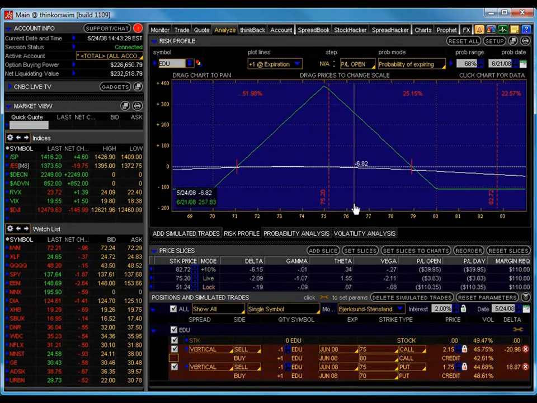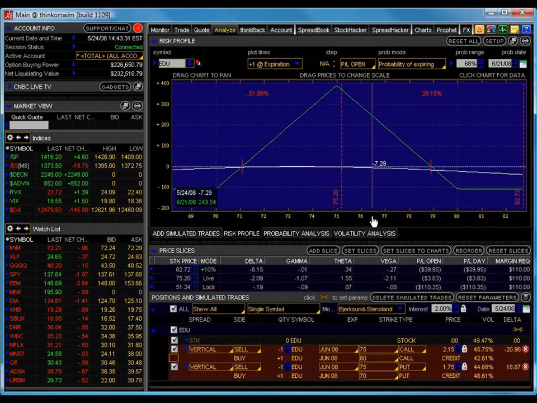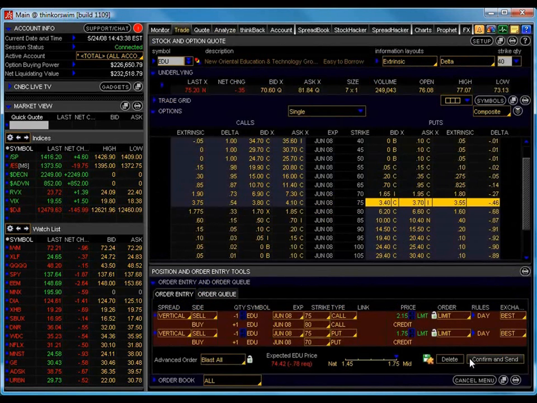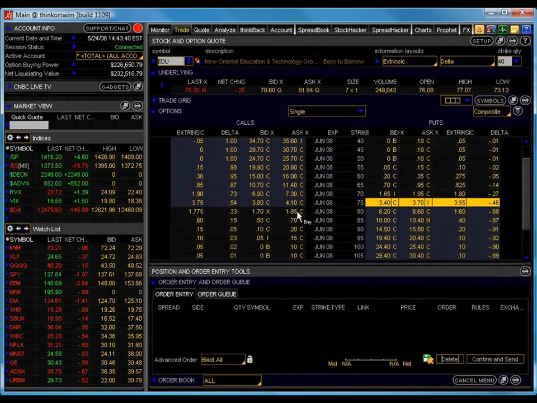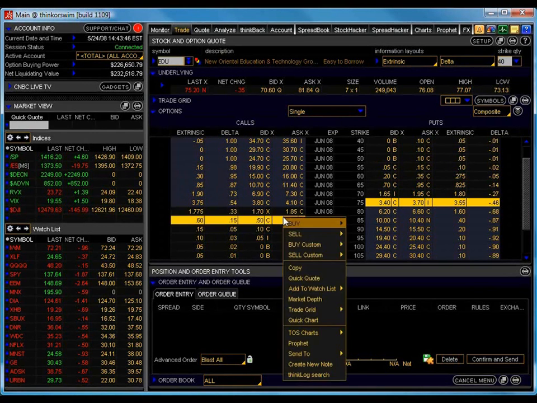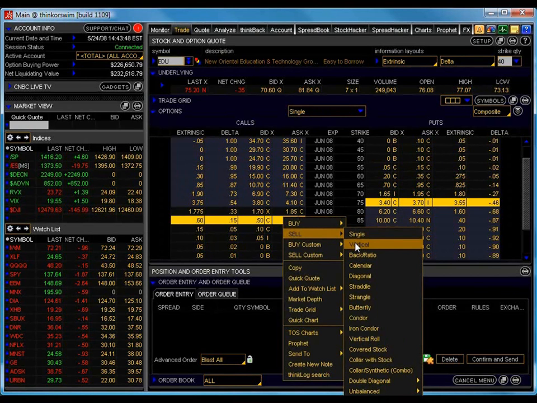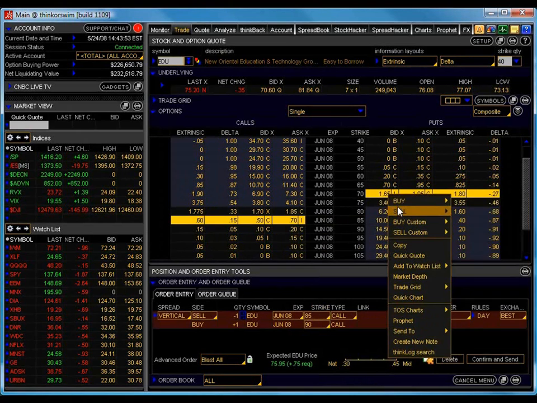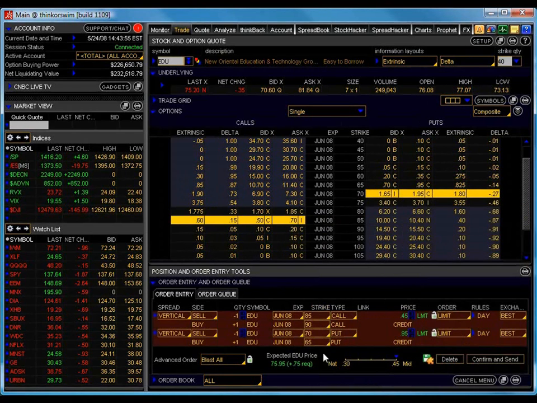Now let's take a look at what an iron condor would look like. We've already talked about how we do vertical spreads to collect a premium. Normally an iron condor is the sale of a vertical spread on the call side and the sale of a vertical spread on the put side.